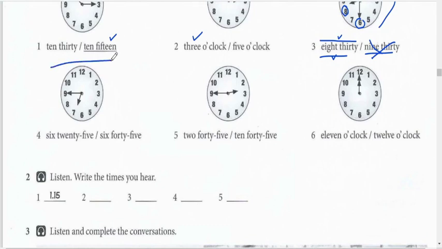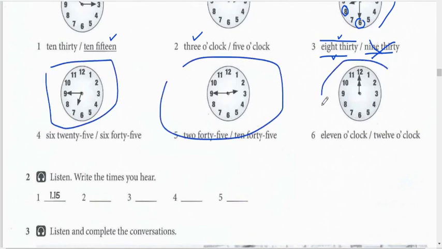So this is an analog clock. But we also have a digital clock. The digital clock shows only numbers.